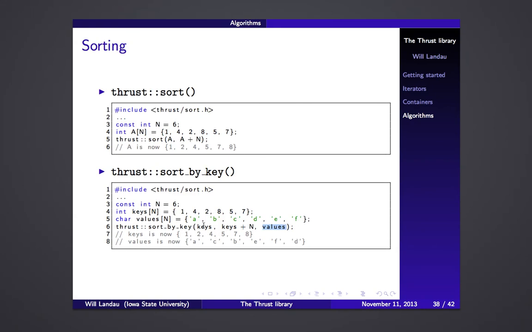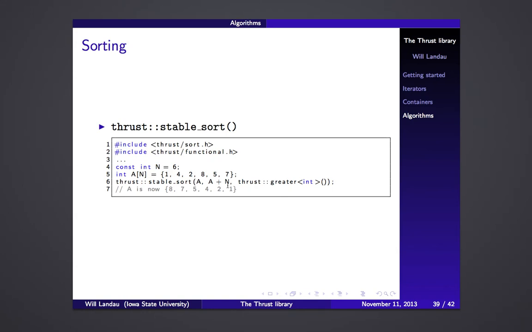That'll sort them both in the same way, so that the keys go from smallest to largest. So the keys are now sorted, and the values are permuted accordingly.